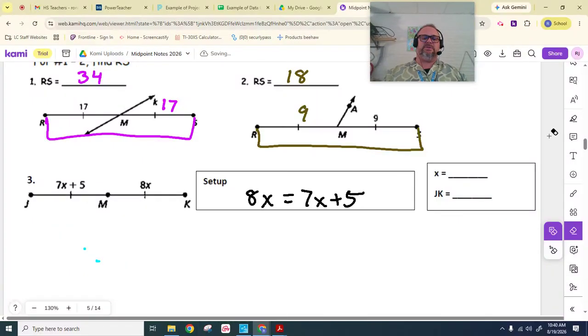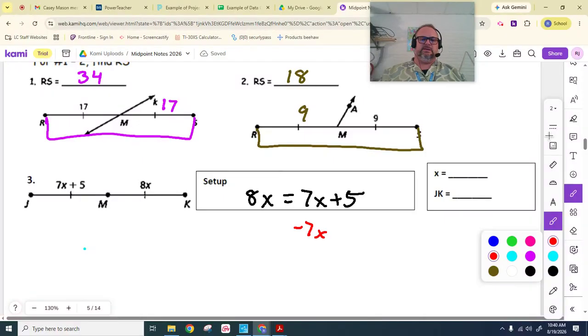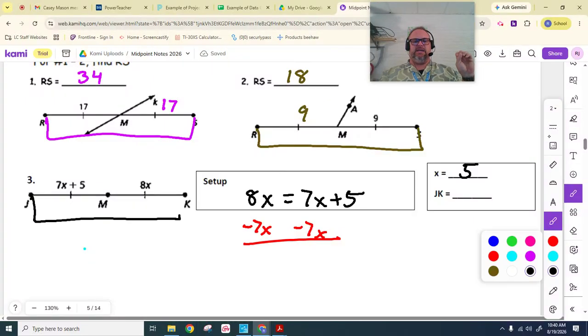Now, a lot of people did it with the 8x on the right-hand side. You got the right answer, no problem. All right. So x is 5. All right. Now, I'm asked for JK. That's all of it. Okay.